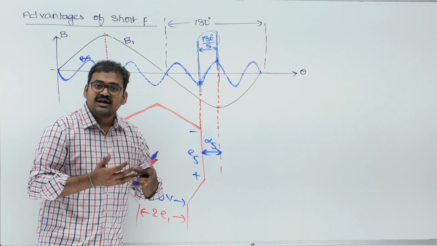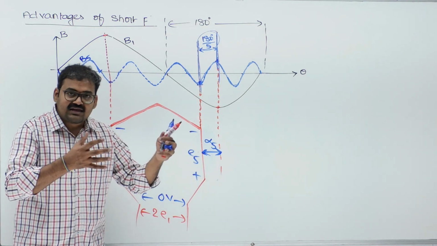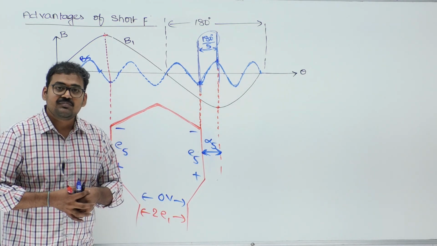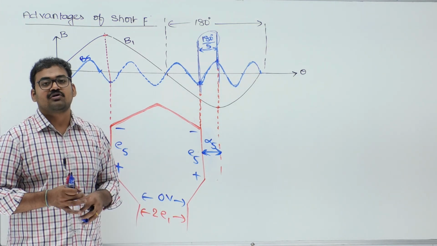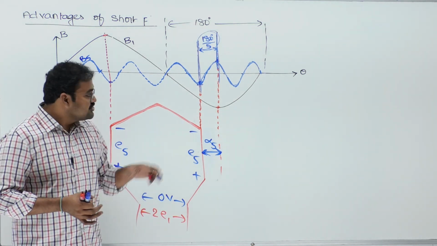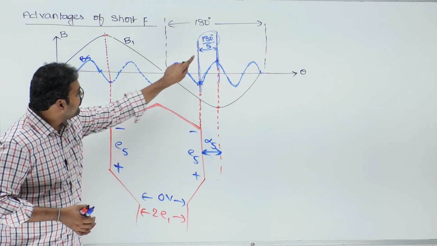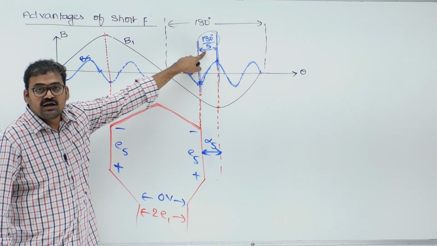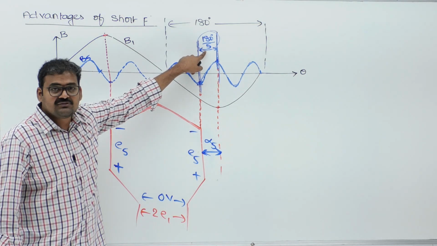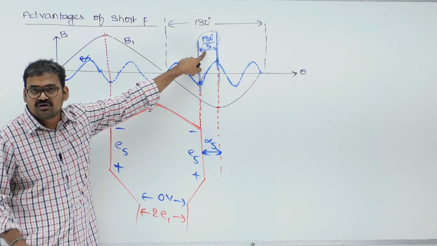So like that, by using the short pitch angle perfectly, we can eliminate harmonic EMFs from the output voltage of the alternator. So geometrically we derived why the short pitch angle should be exactly 180 degrees by 5. Now let me do it mathematically. If I do it mathematically, it will be more clear for you.